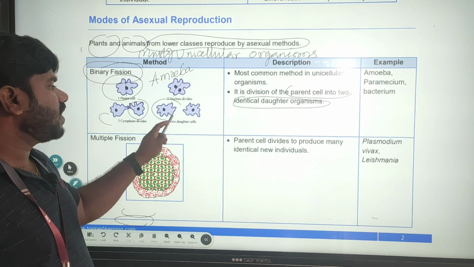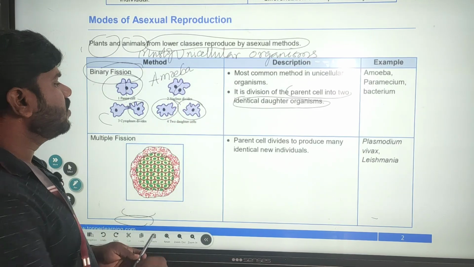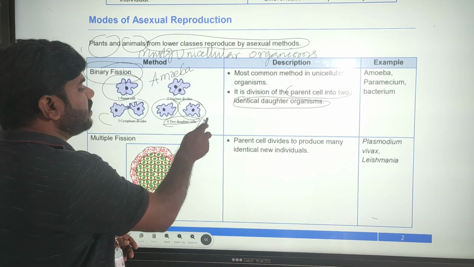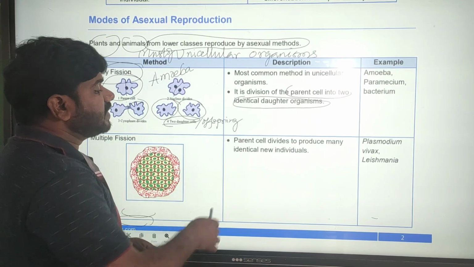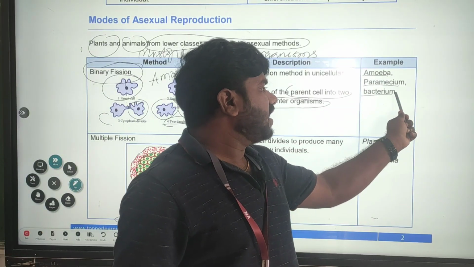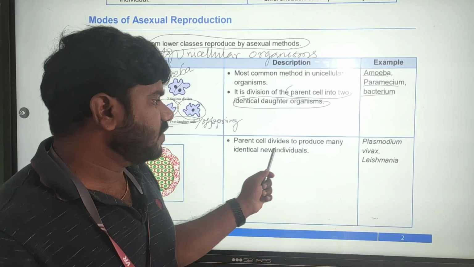You can see this is one amoeba and this is one amoeba. So these are called offspring, or we can say daughter cells. Examples are amoeba, paramecium, bacteria. These are organisms that reproduce through the process of binary fission.